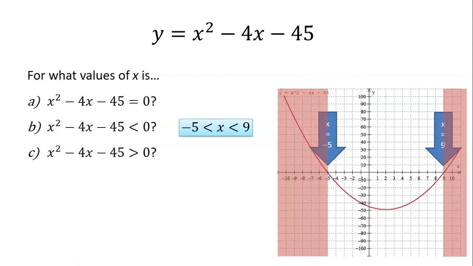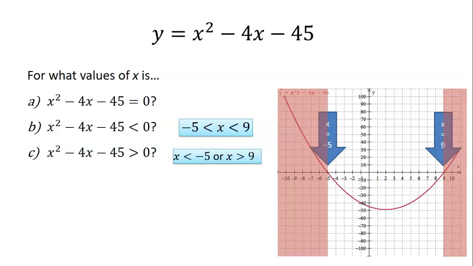On this graph, the points that have positive y coordinates, because they're above the x-axis, have x coordinates either over here less than negative 5, or over here greater than 9. So the answer here is x is less than negative 5, or x is greater than 9.